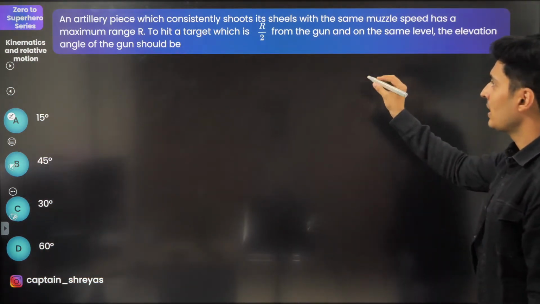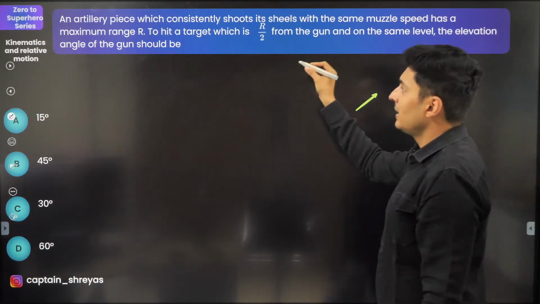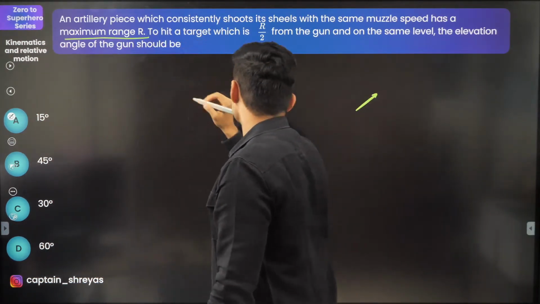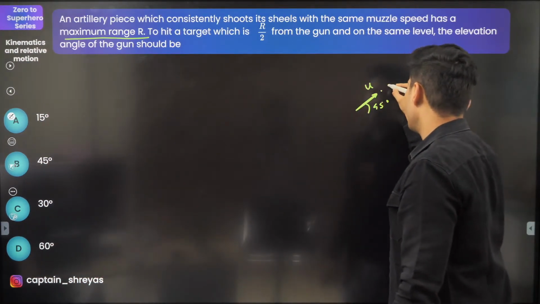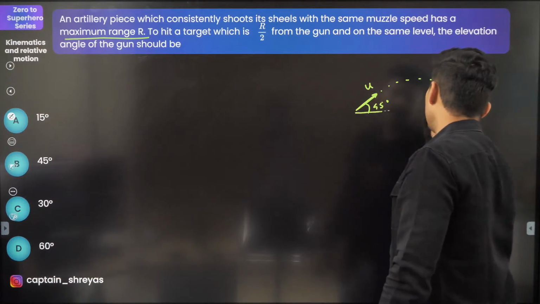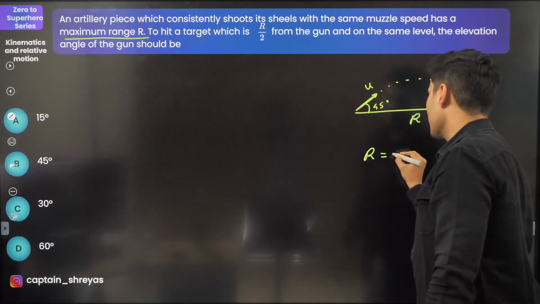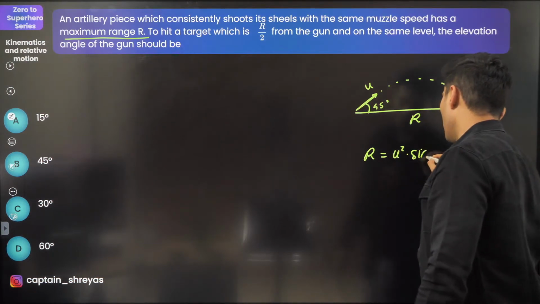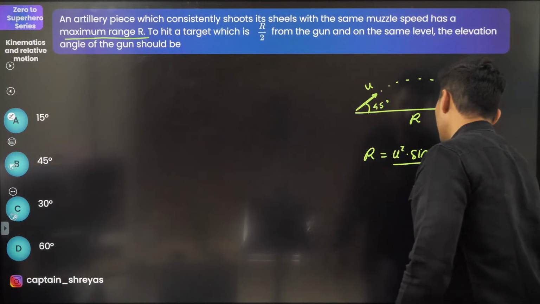First of all, that artillery is projected such that the range is maximum. So I know this should be 45 degrees with some speed and it hits right over here. This is R and we know that R is nothing but u square sine of 2 times 45 degrees divided by g.